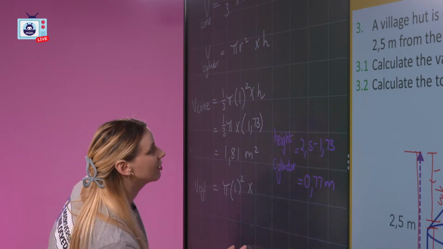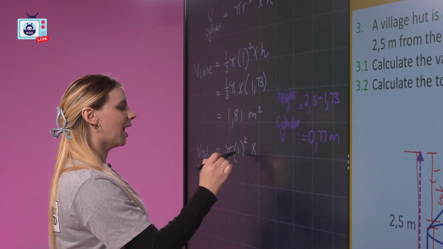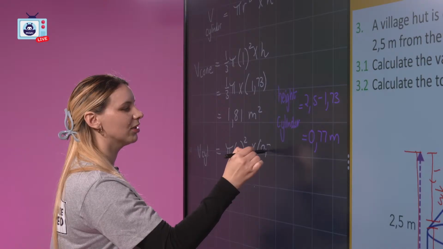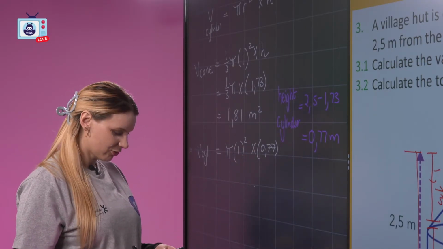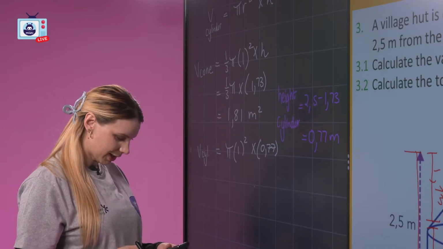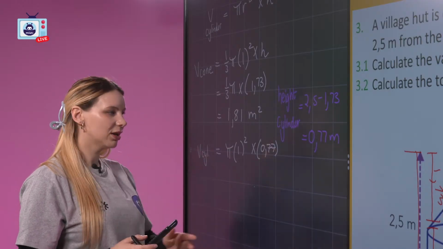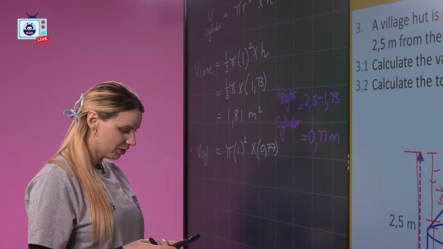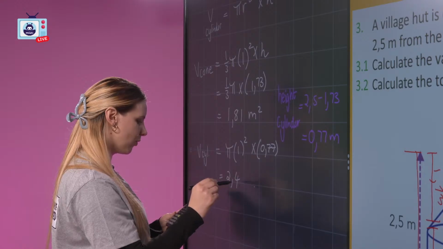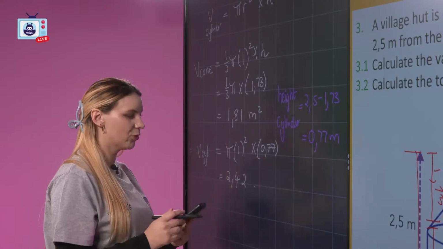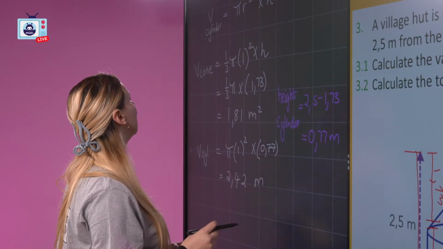So we have pi r squared times 0,77. Let's get that volume. So we've got pi times 1 squared, which is 1, times 0,77. That gives me 2,42, and that is meters.